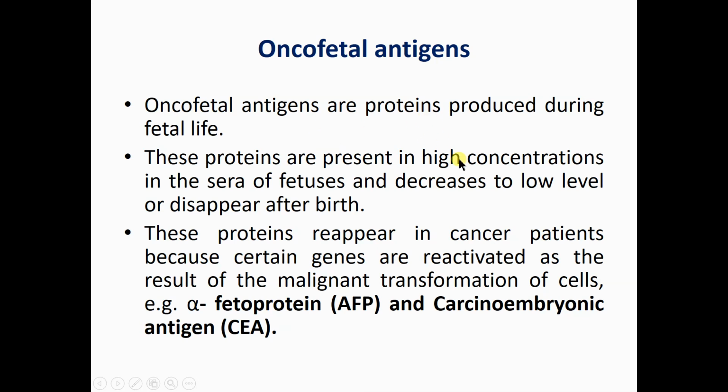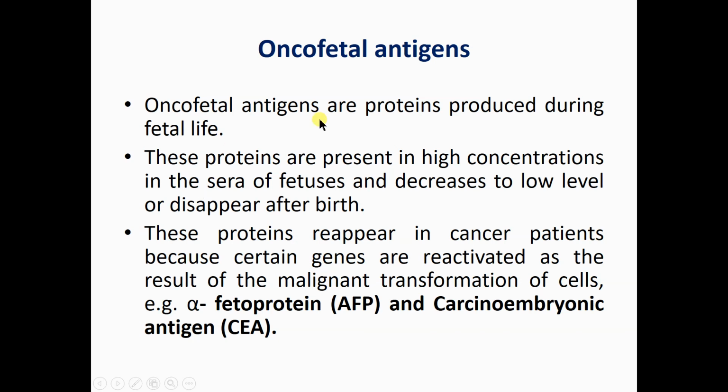After birth, their level decreases or is absent, but these proteins reappear in certain types of cancer patients. This gene was initially activated, then repressed, meaning inhibited, after birth. But due to a genetic abnormality or certain environmental factors, it may lead to de-repression, meaning inhibition of the repression of that particular gene.